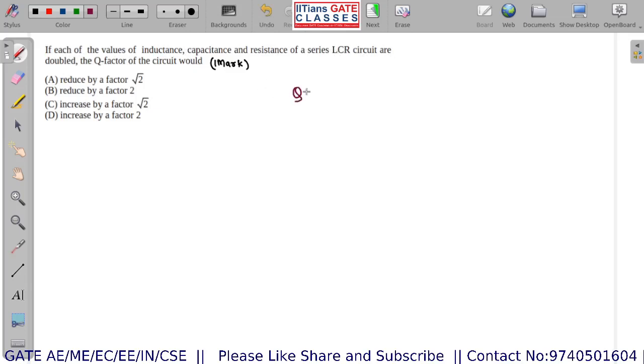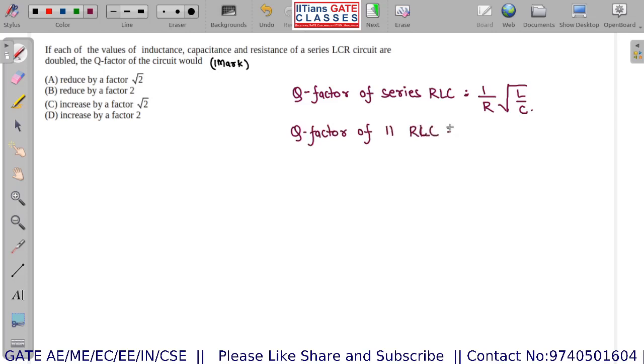So we know the Q factor of a series RLC circuit is given by 1 by R under root of L by C. Similarly, the Q factor of a parallel RLC circuit is equal to R under root of C by L, because the Q factor of series RLC is equal to 1 by the Q factor of parallel RLC. So this we know.